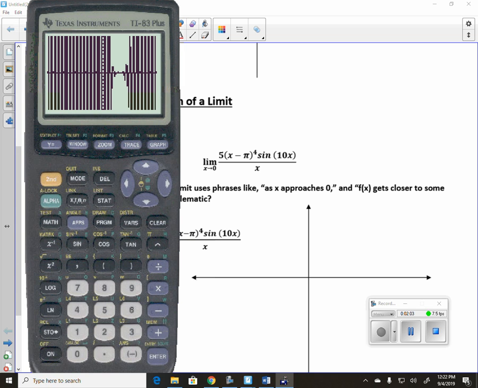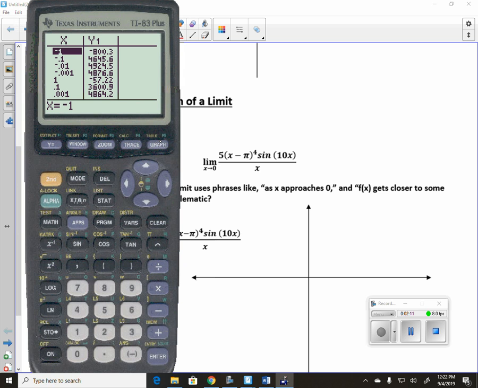So what's another way that you learned that you could try to examine the limit? Okay, look at the table. All right, I like what SB is doing. So what should I type in here? Okay, negative 0.1, negative 0.01, negative 0.001. And it looks like I got 4,876.6.